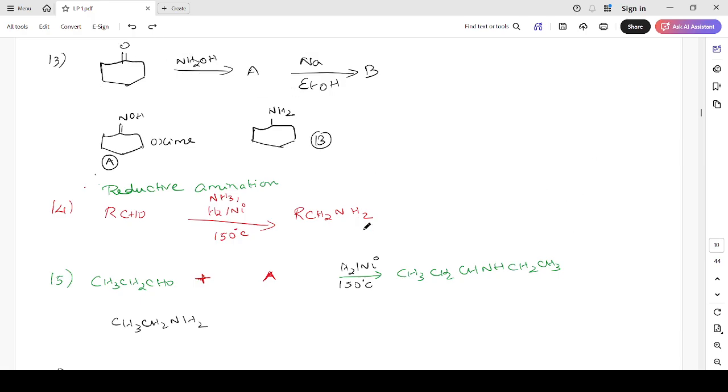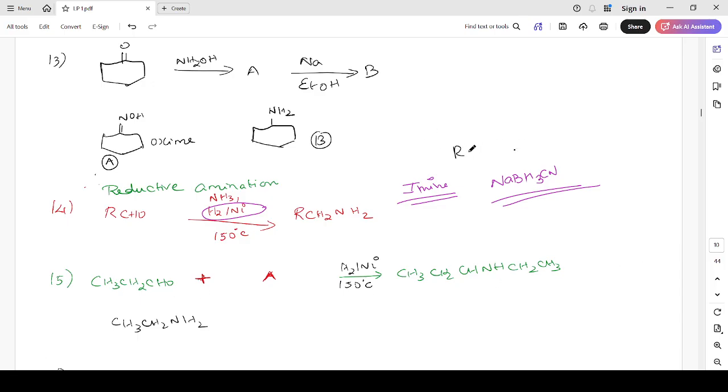You have a special reducing agent for imine. Imine can be reduced even by hydrogen and nickel, nothing wrong in it. But if you want to selectively target only imine, the selective reducing agent is NaBH3CN. Ma'am, what does NaBH3CN reduce, ma'am?